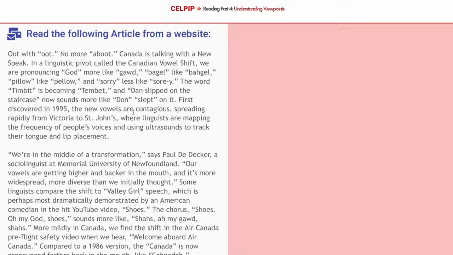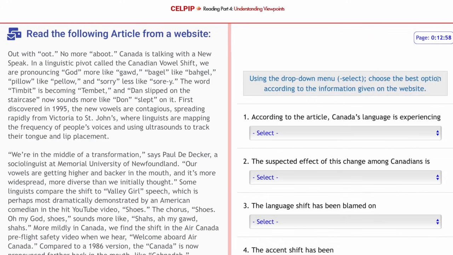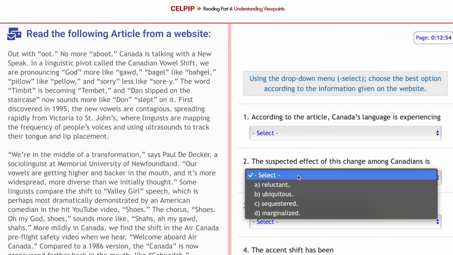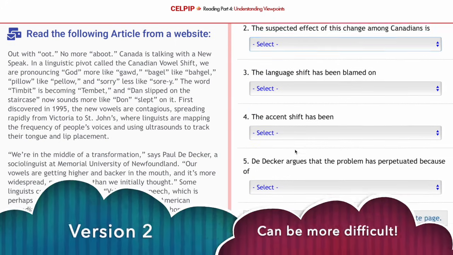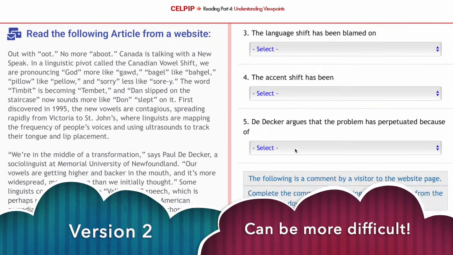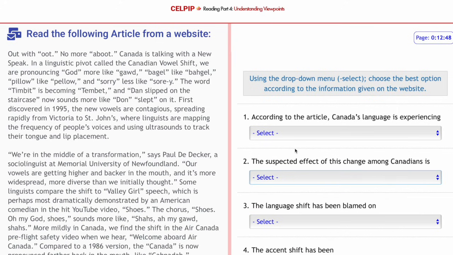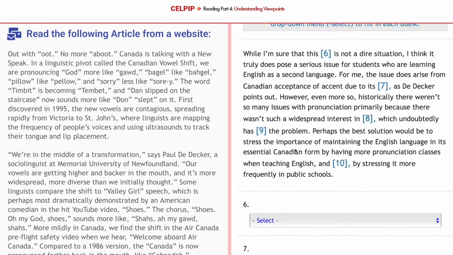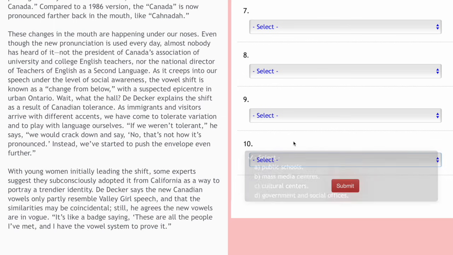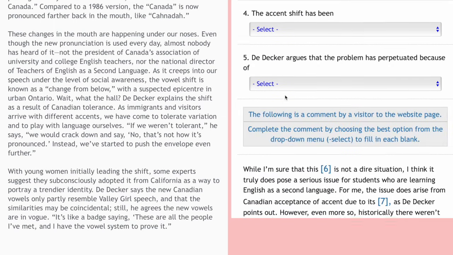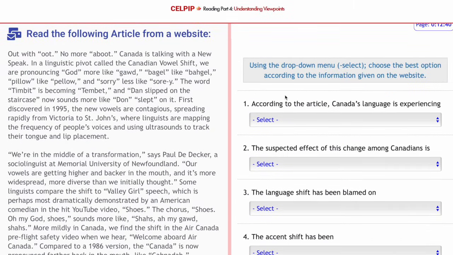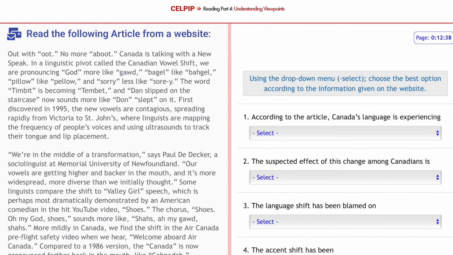Same reading, so you can practice again, but we have time and we have different questions. Right. And usually test 2s, they're more difficult, everyone. Very good. Version 2s are usually more difficult, so I strongly recommend that for practice, okay?